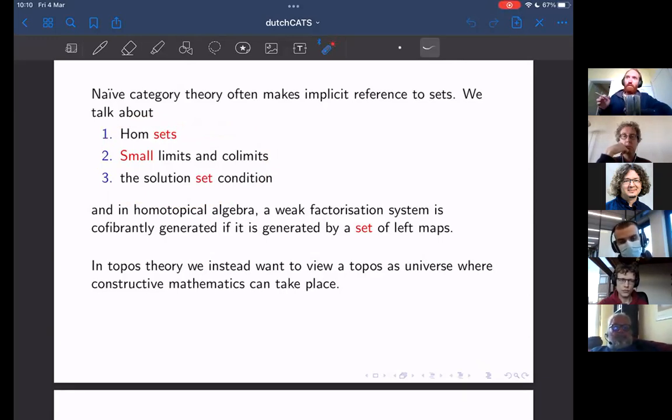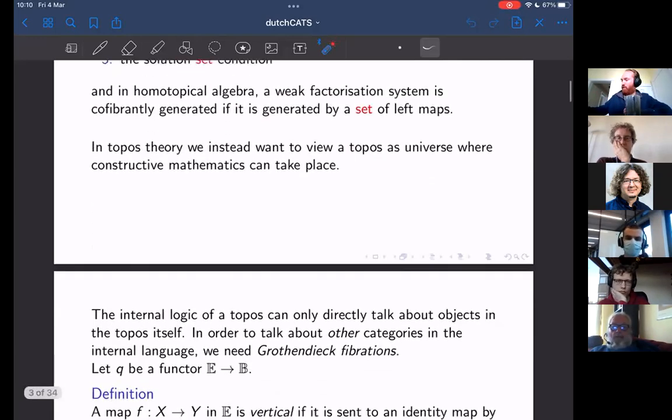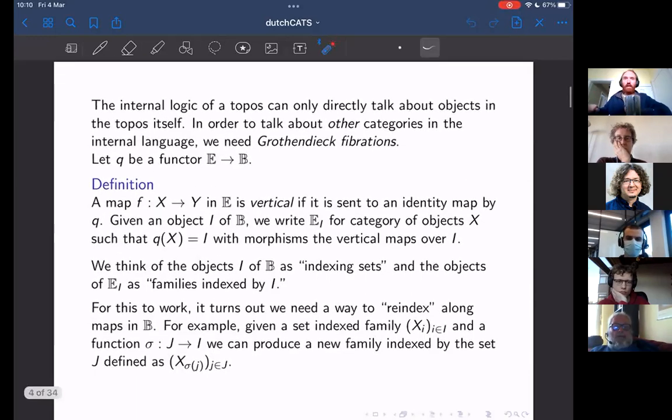We have the category of sets, which is our topos, and then we have another category which might be locally small, or it might be complete or cocomplete. So you need a way to talk about another category in the internal language of a topos. And this is, I guess, the main way to motivate fibrations.